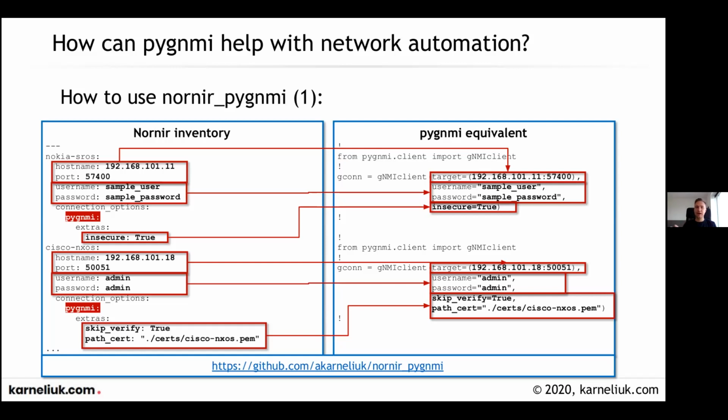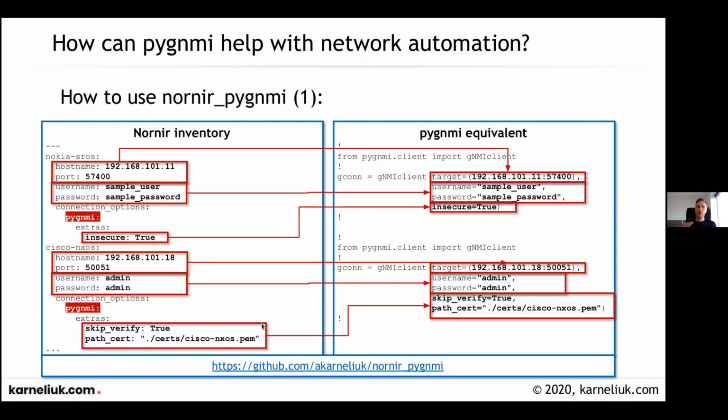If you need to provide any extra parameters, which you would normally specify as extra parameters within the gNMI class, you do it within the connection options. You specify that your connection type is PyGNMI, and as extras, you provide everything that you would typically provide to the class. If it is insecure, you just specify insecure true. If it is skip verify and you would like to provide a specific path to the certificate, you do that in the same way.